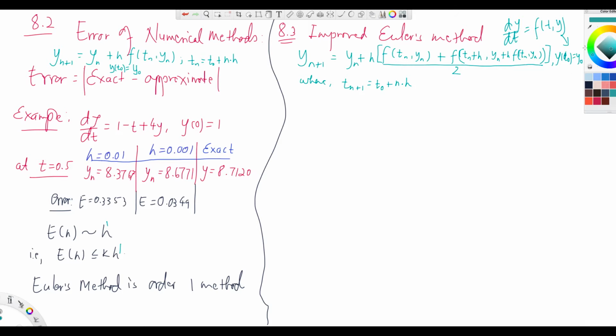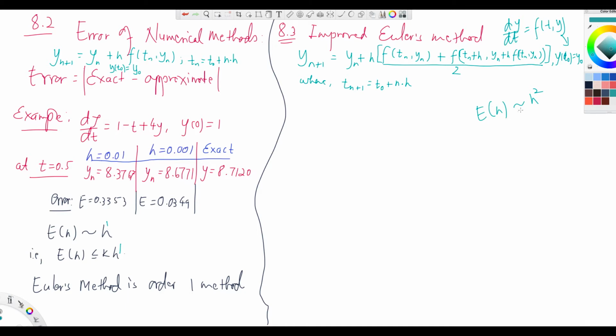If you want to solve this initial value problem, the improved Euler method is similar to the Euler method, but the order of the approximation, or order of convergence, is better. It will be order 2, meaning that the error is proportional to h square.